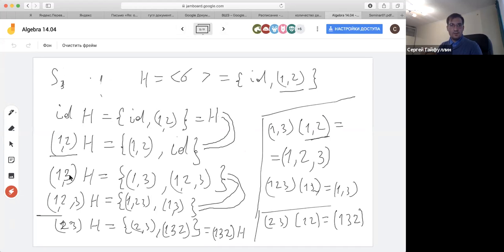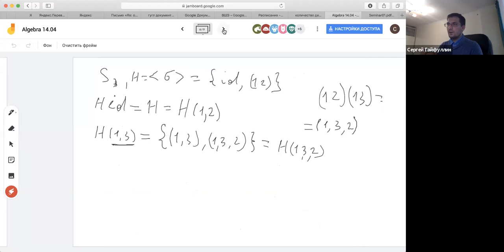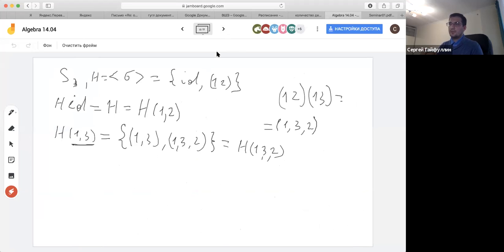The left cassette of 1,3 consists of 1,3 and 1,2,3. And now let us see the right cassette. The right cassette consists of 1,3 and 1,3,2, not 1,2,3, but 1,3,2. This is the difference. So left and right cassettes don't coincide.